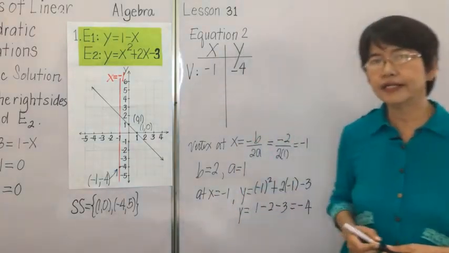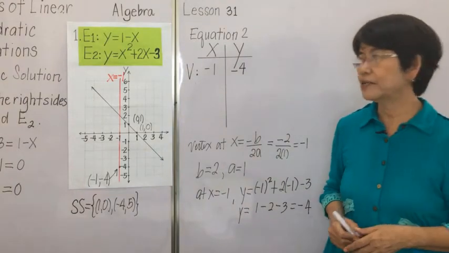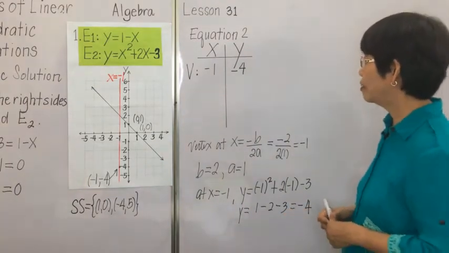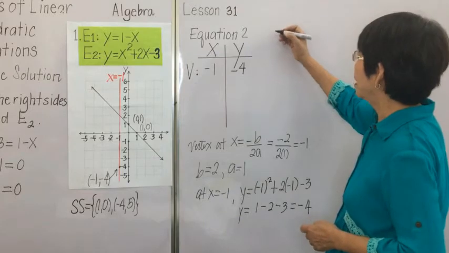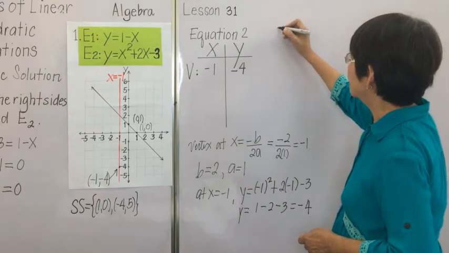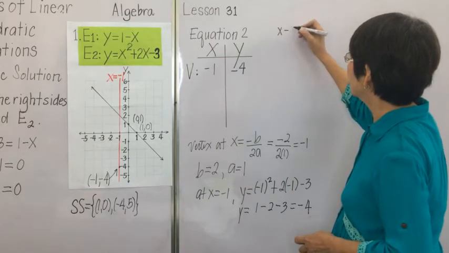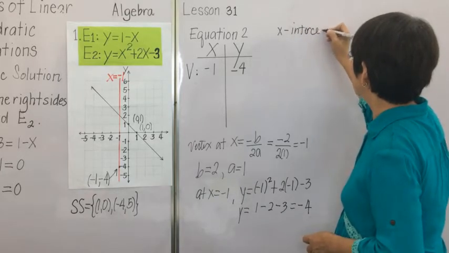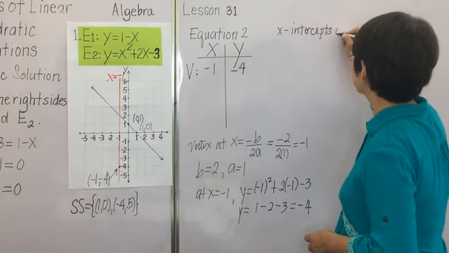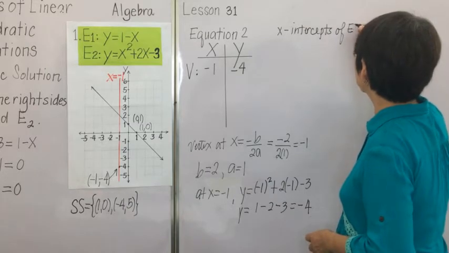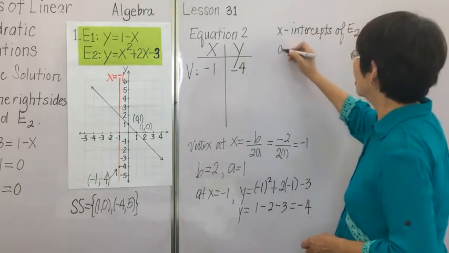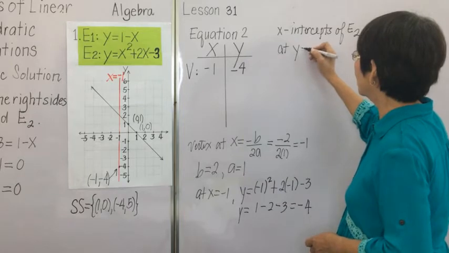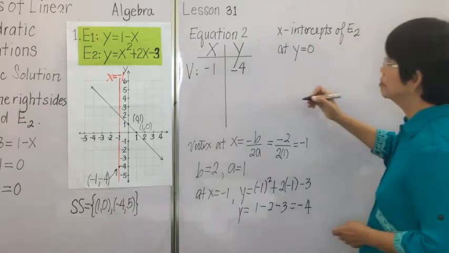Then we will get the x-intercepts of the parabola, the x-intercepts of equation 2 at y equals 0.